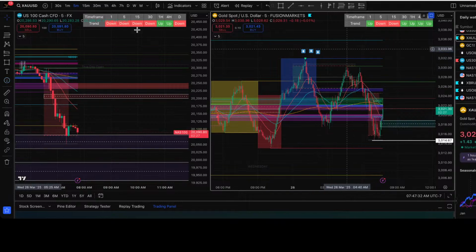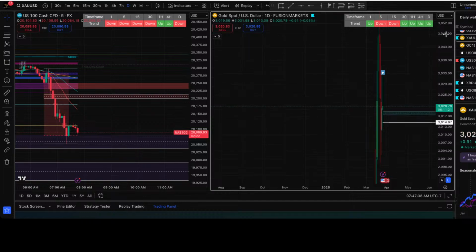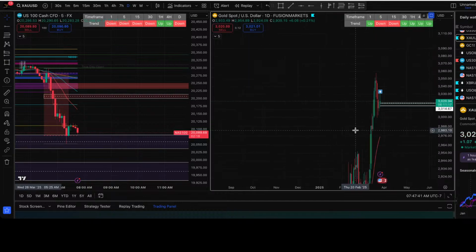Now the only thing left to do is take a look at the day candle. We close above previous day's.